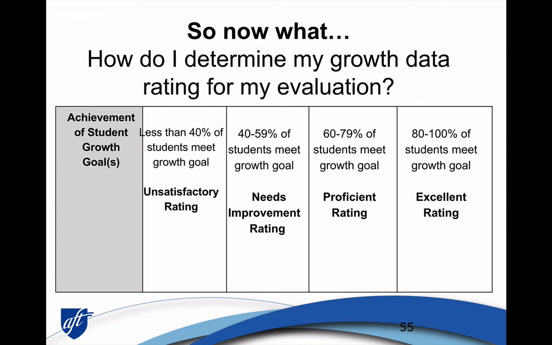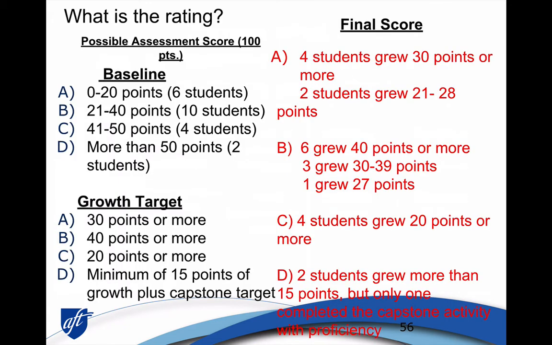If 60 to 79% of students meet that growth goal, you would receive a proficient rating for that particular student growth goal, and so on. So let's look at an example and determine the rating for this particular educator.